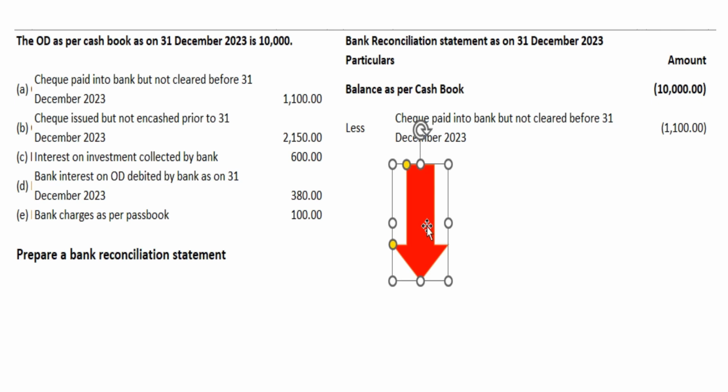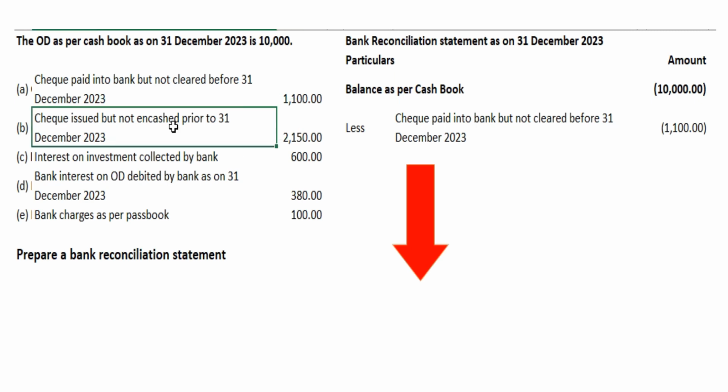We started with balance as per accountant's record, cash book. We need to get the balance as per bank. For that, we need to think what the bank has done as far as this transaction is concerned. Bank has done nothing. Why? Because it is specified issued but not encashed. The party who collected the check has not yet presented the check to the bank.